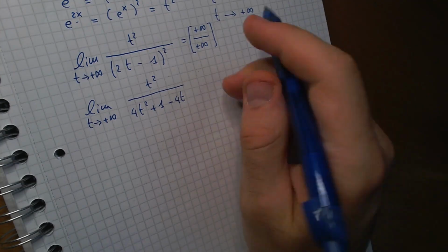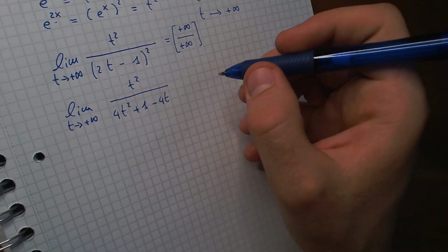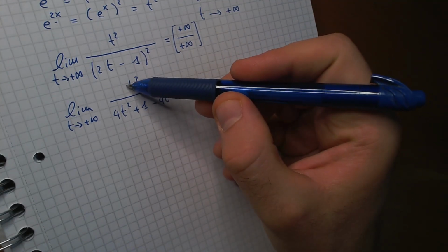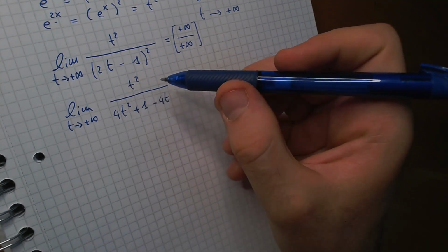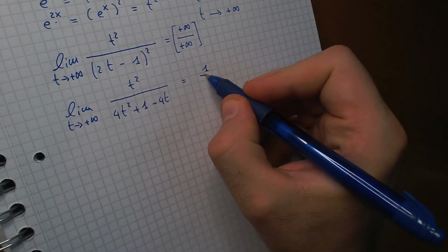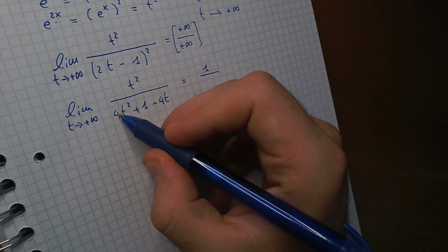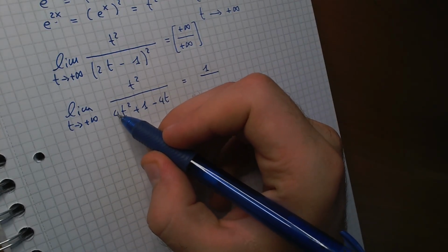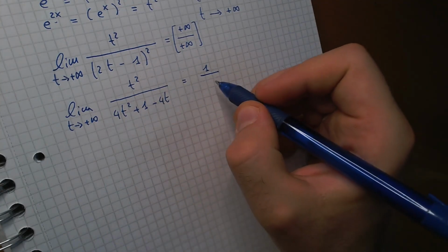So if we have a situation like this, we can calculate the limit by considering the ratio between the coefficient of t squared, so in this case 1, over the coefficient of the term with highest degree in the denominator, which is 4.